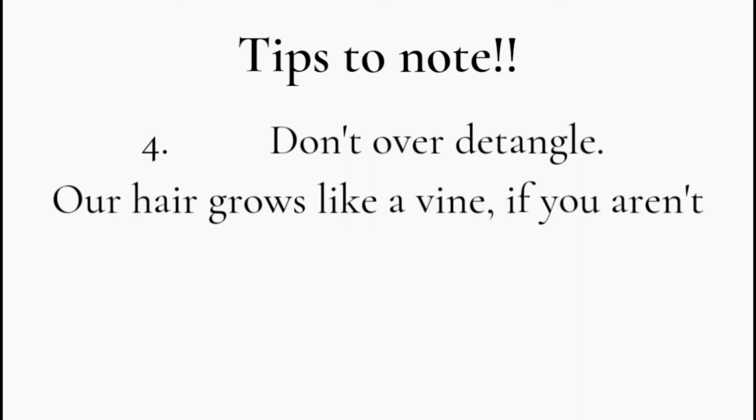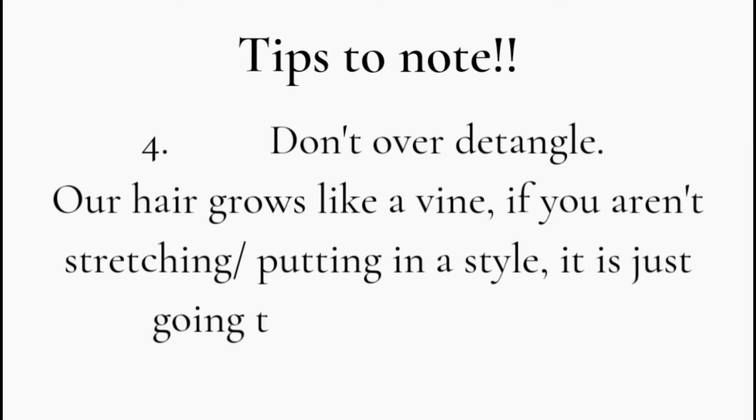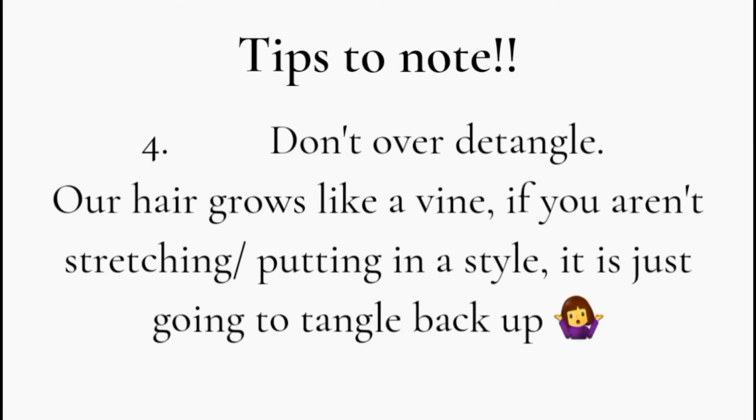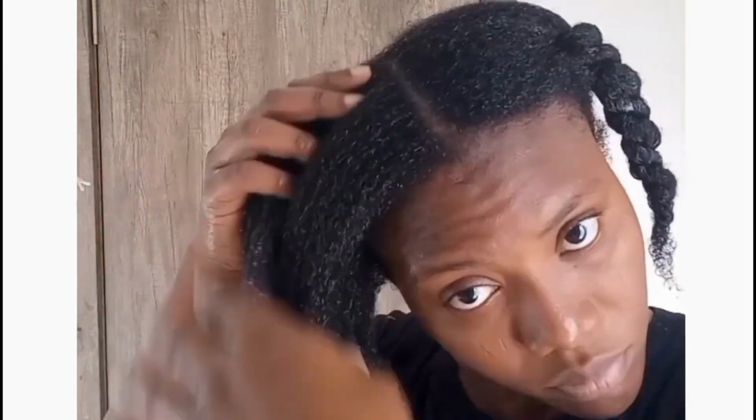And also, you do not want to over detangle your hair because if you're detangling your hair and you're not putting it in a style after detangling and stretching, your hair is just going to tangle back up because our hair grows like a vine. So what I do is I finger detangle my hair and then I put it into twists immediately, just setting it into a particular mold because our hair loves to be in a mold.